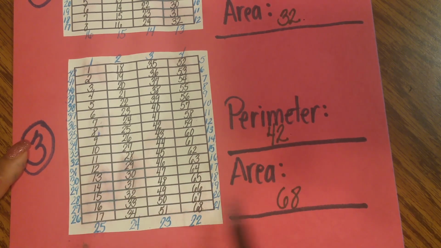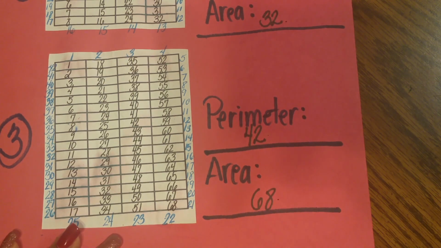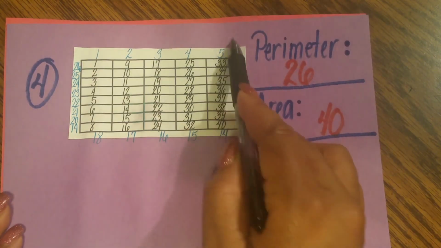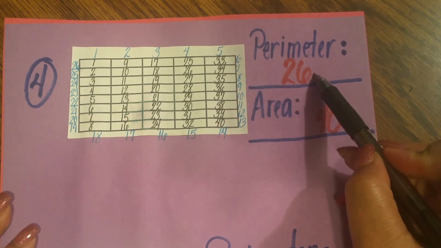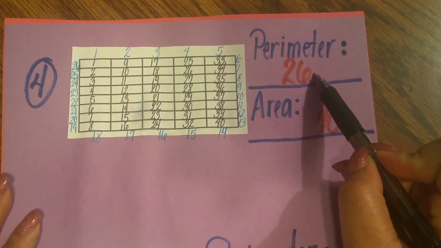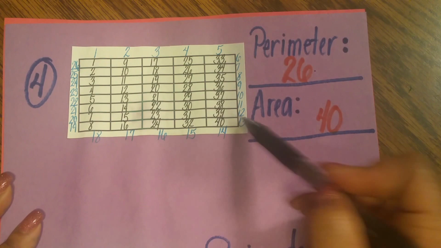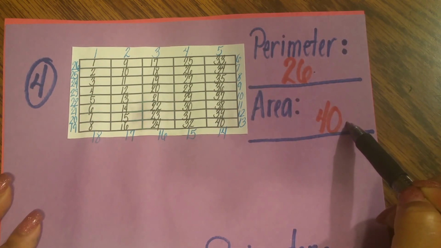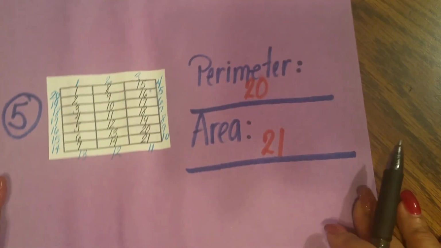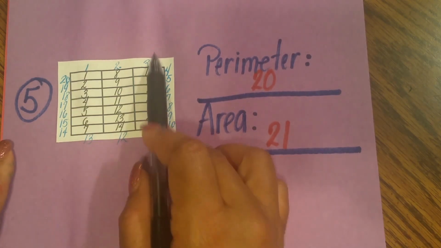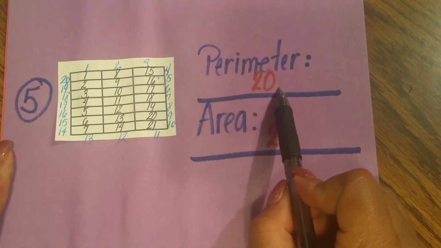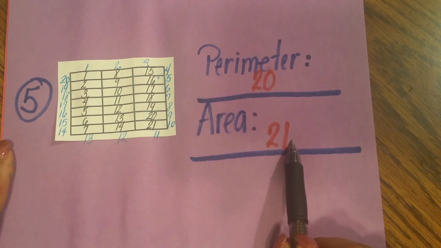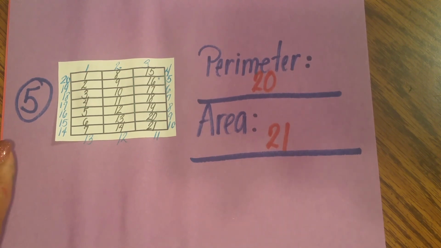And when you count the inside, the area is 68. For number 4, when you count the outside of the shape, our perimeter is 26. And when you count the inside, our area is 40. And for the very last one, number 5, when you count the outside, the perimeter is 20. When you count the inside, the area is 21.